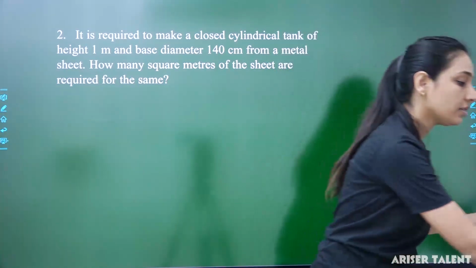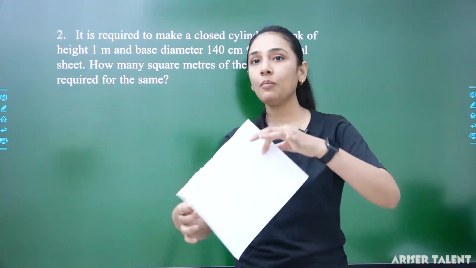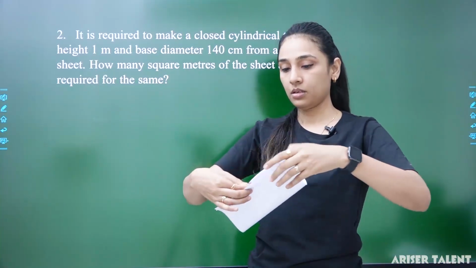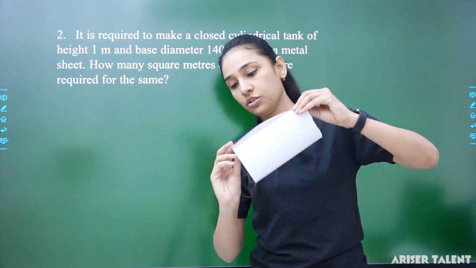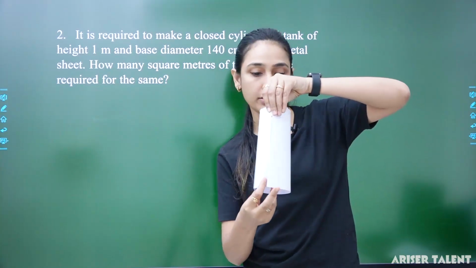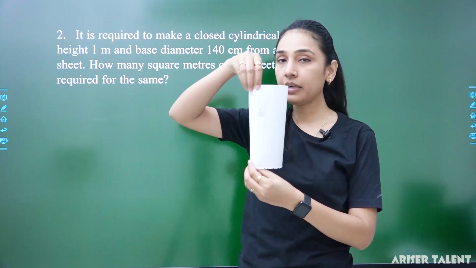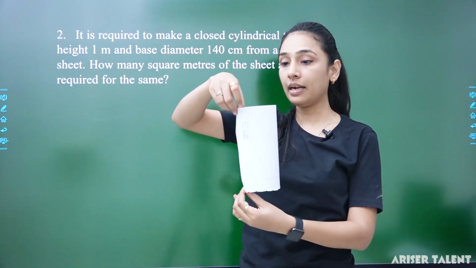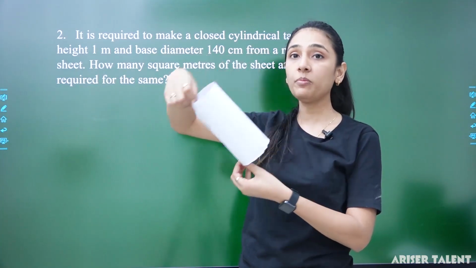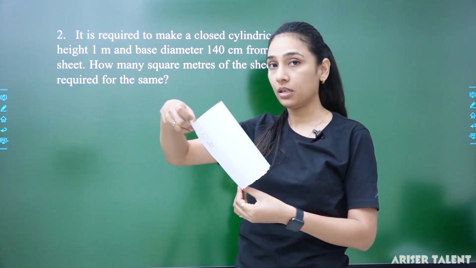If I join these two edges, it has now become a right circular cylinder with the top and bottom open, right?